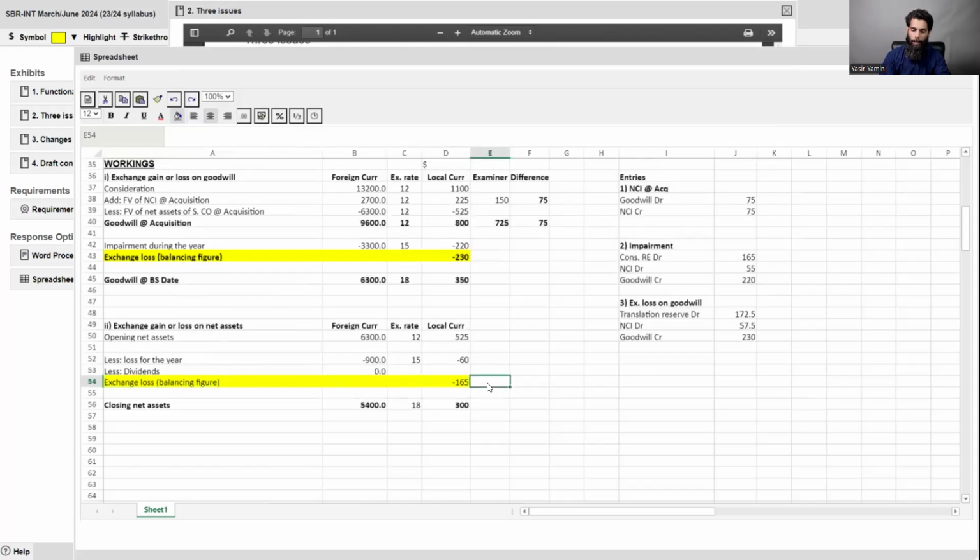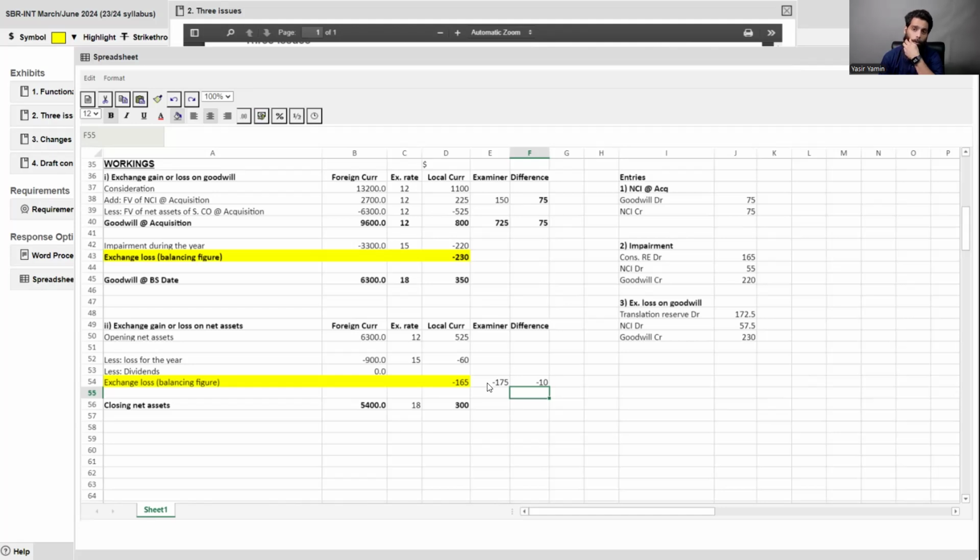If I write examiner here, the loss that they have calculated is 175. However, it should have been 165. So is this correct? This is certainly not correct.